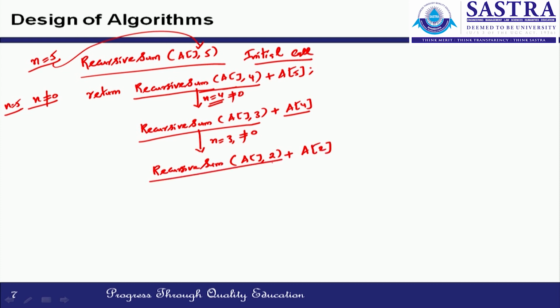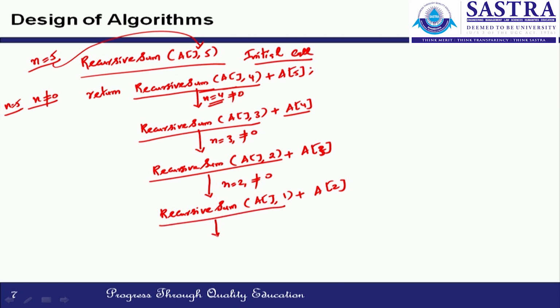Next stage, n is equal to 2, formal parameter n becomes 2, 2 is not equal to 0. This invokes the next recursion, recursive sum A array comma 1, plus A2 is separated.